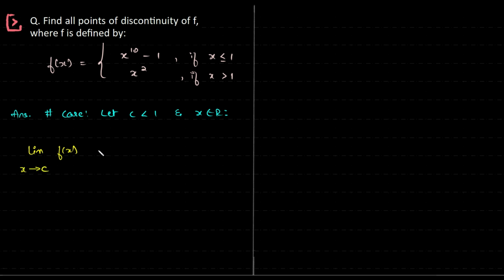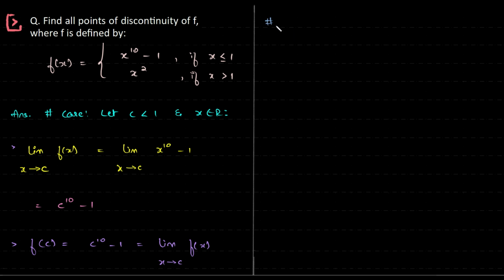Since it's a polynomial expression, x to the power of 10 minus 1, it is continuous throughout, and so this is c to the power of 10 minus 1. And after this we have f of c, which in this case is c to the power of 10 minus 1, which is nothing but limit f of x as x tends towards c.